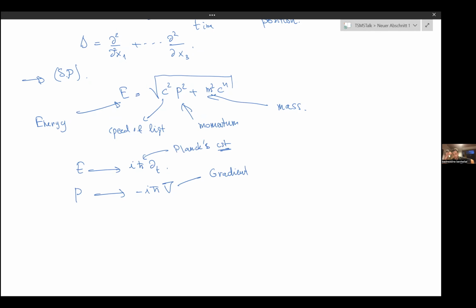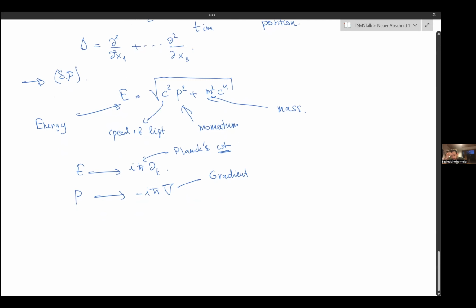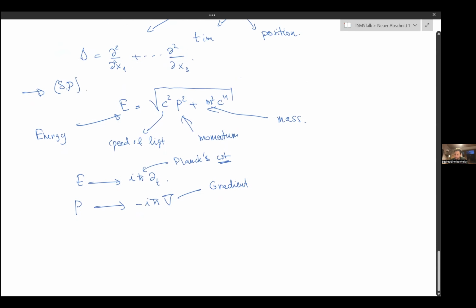So the question at that time is how to unify these two notions. And in fact, there was very quickly an answer to this question, an answer which is naive. Somehow you just replace E by this and the momentum by its quantization.